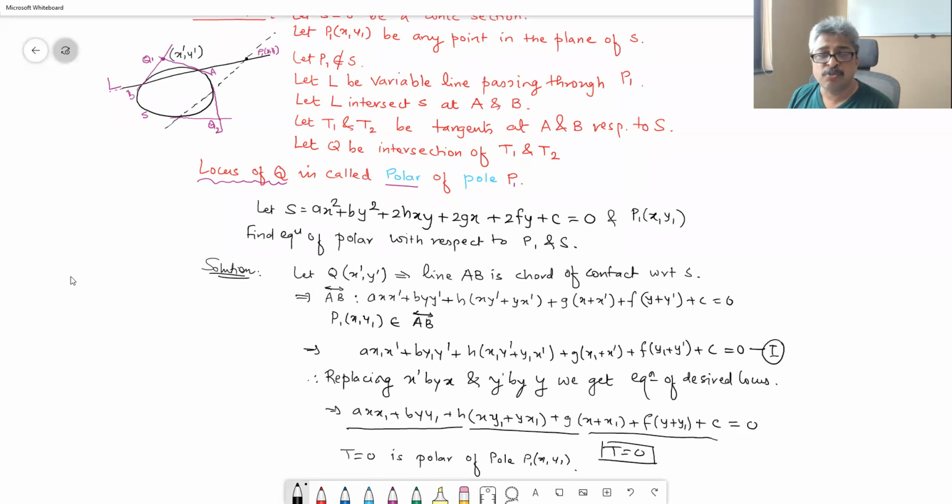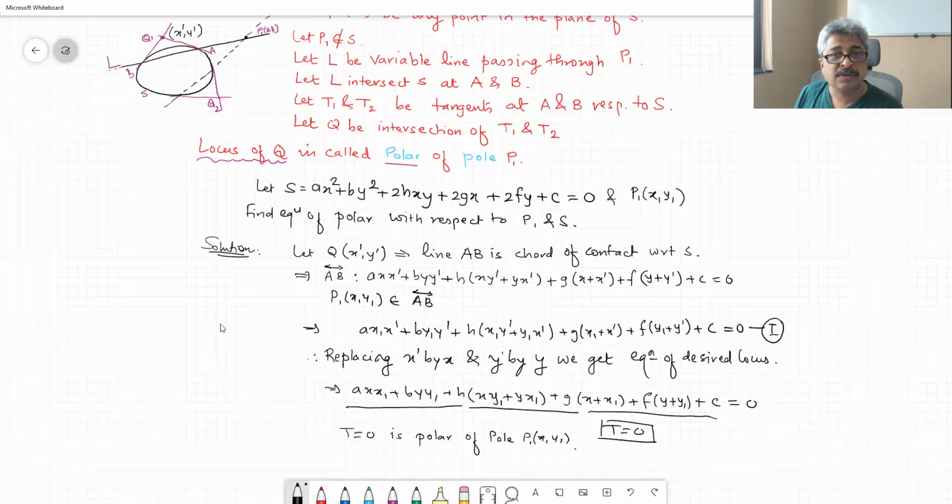Draw tangents at those 2 points, then the intersection of tangents is going to be a straight line. Yet another important thing, here I have mentioned locus of Q, but locus of Q happens to be a straight line. And therefore we are calling that locus a polar of the fixed point, the pole. Okay, so there is a fourth interpretation. Let us do it.